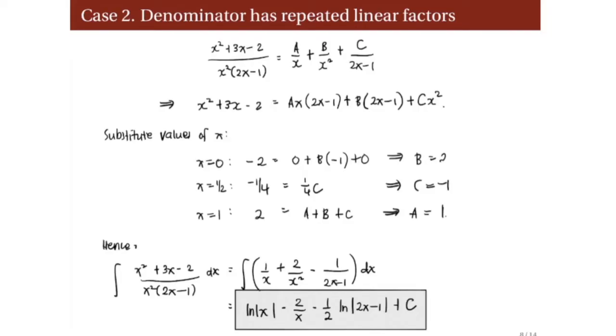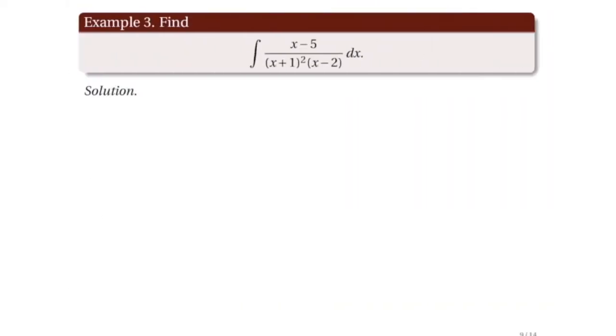Let's proceed now with example number 3. Let's find here an antiderivative for x minus 5 divided by x plus 1 squared times x minus 2. So, naka-factor na yung denominator natin, which saves us time. So, we could take a look at the partial fraction decomposition.